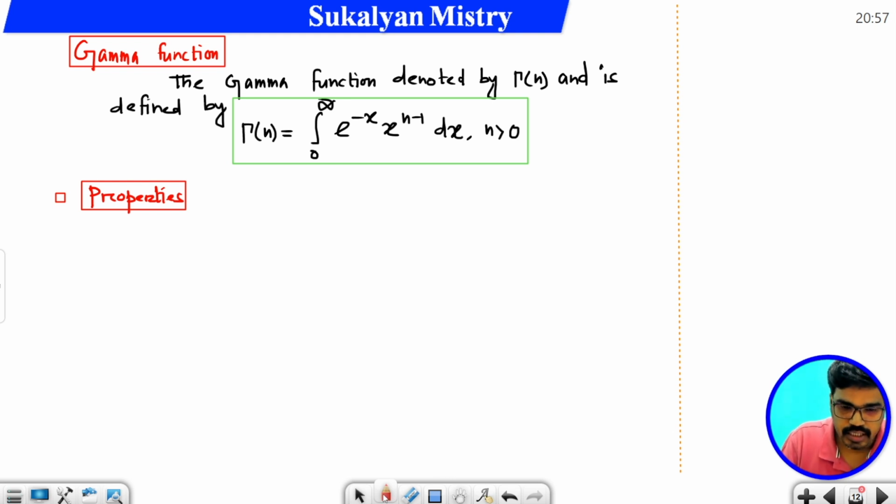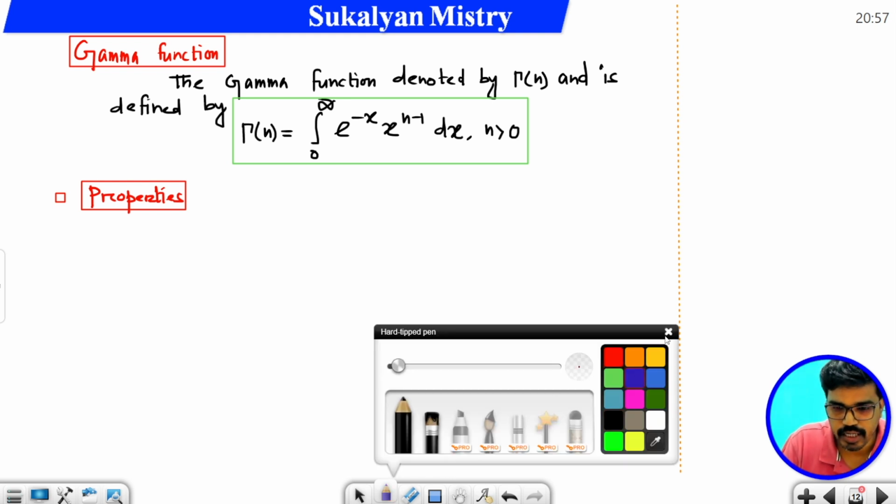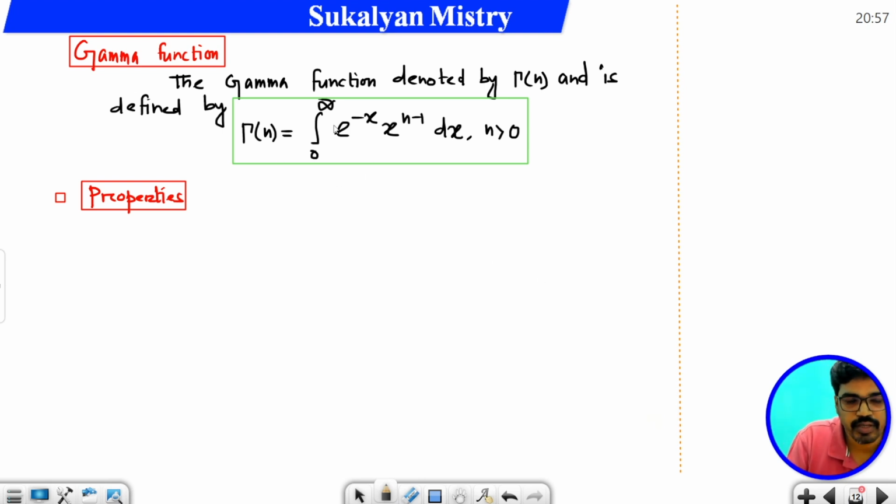From the definition, it is very important. From this definition, what can we write?